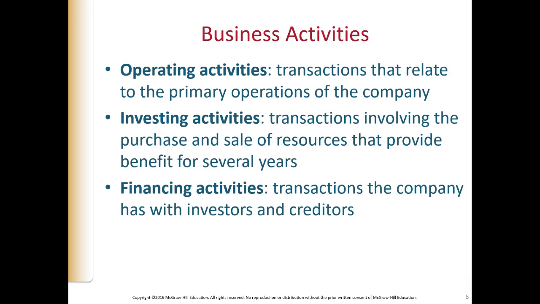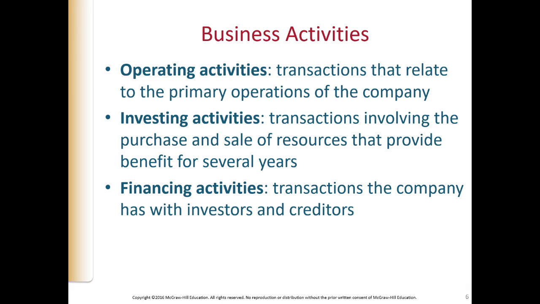Business activities. Now there are three main activities we'll cover throughout this semester. The first one, operating activities. These are the transactions that relate to the primary operations of the company. Investing activities. This relates to the purchase and sale of resources that provide benefits for several years, such as land, building, equipment, long-term investments, things like that.